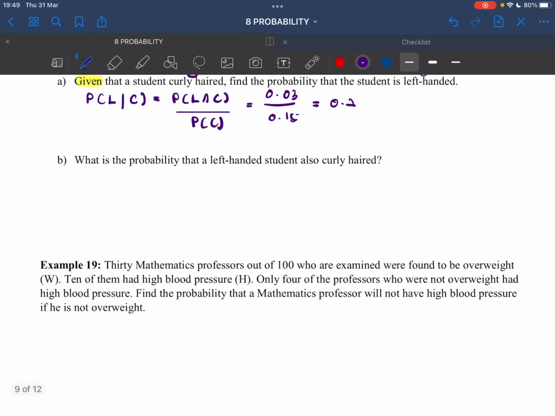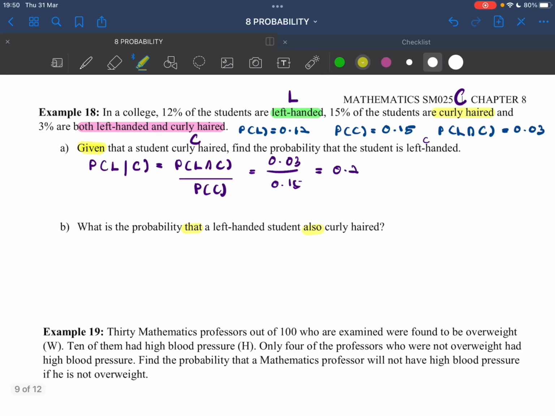Next, what is the probability that a left-handed student is also curly-haired? This is quite a tricky question. What we have here is "also", so which one is at the back? Left-handed student, curly-haired.